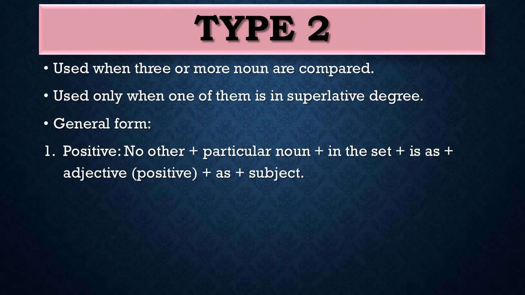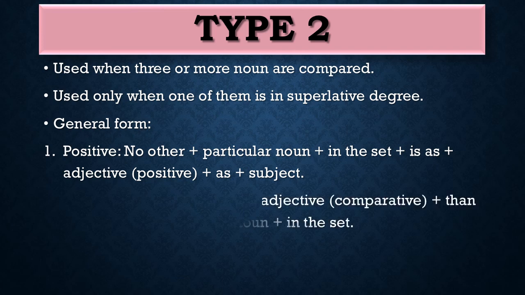For example, if you are speaking about a particular boy in the class, say Paras: no other boy in the class is as studious as Paras. That will be the positive formation of this sentence.